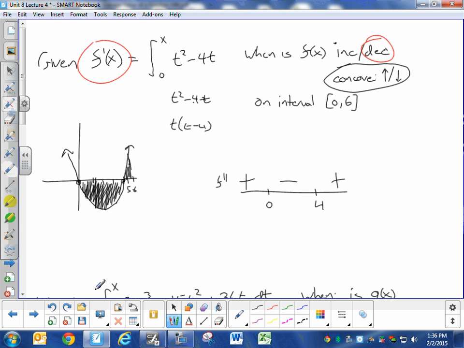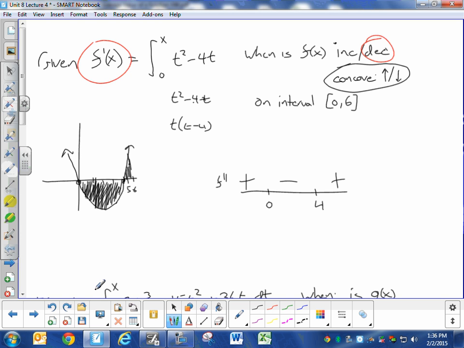Let me actually calculate the area. The integral of t squared minus 4t from 0 to 4 is negative 10 2/3.